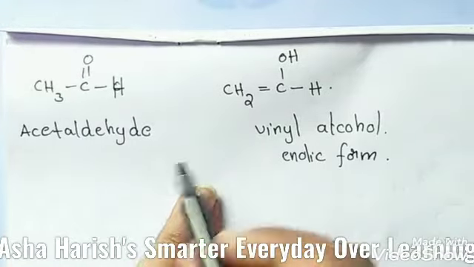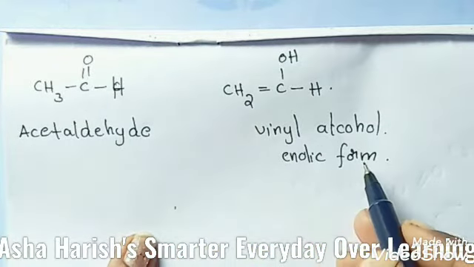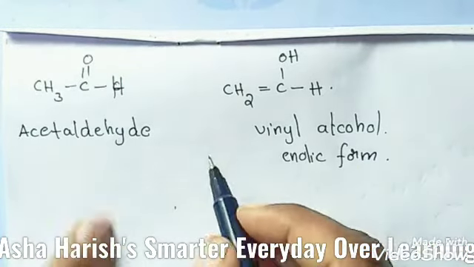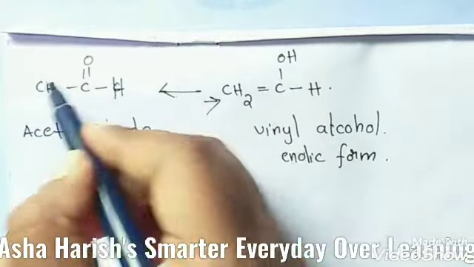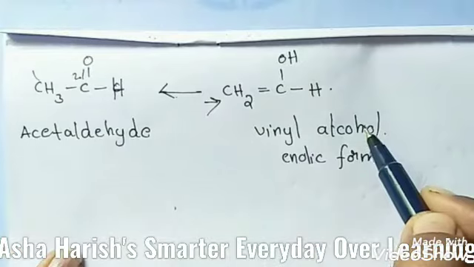Right, and we shall go for examples from acetaldehyde and vinyl alcohol, nothing but the enolic form. This is a negligible amount, okay, and to this, if you give numbering to this carbon 1, 2, this is the example.